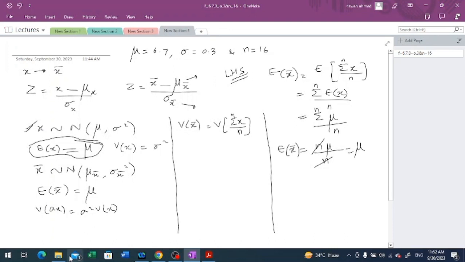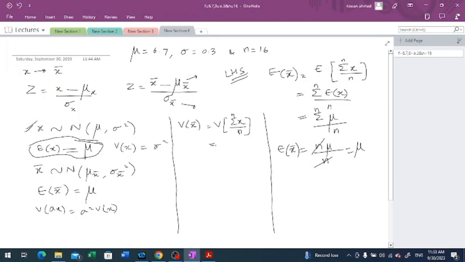Because the variance operator is quadratic in nature. We take the square of the difference between each value of x and its mean, and raising it to the square gives us the numerator of the variance formula. So whenever the variance operator is applied on the product of a constant and a variable, the variance of ax becomes a squared times the variance of x.